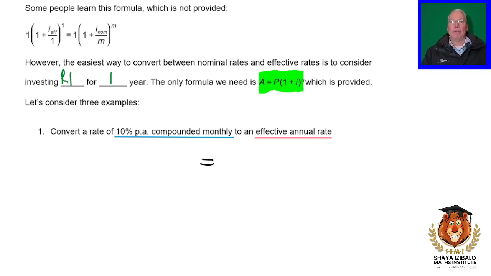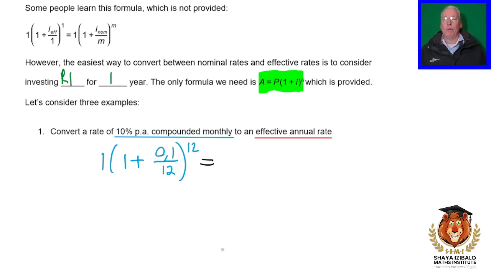And on the left-hand side with the blue pen, I'm going to do how much money I would get if I invested R1 like this. So it would be R1 times (1 + i), my interest rate is 10%, that's 0.1, but I'm going to divide it by 12, and in the year, there are 12 months, it'll be worked out monthly. That's how much money I'll end up with.